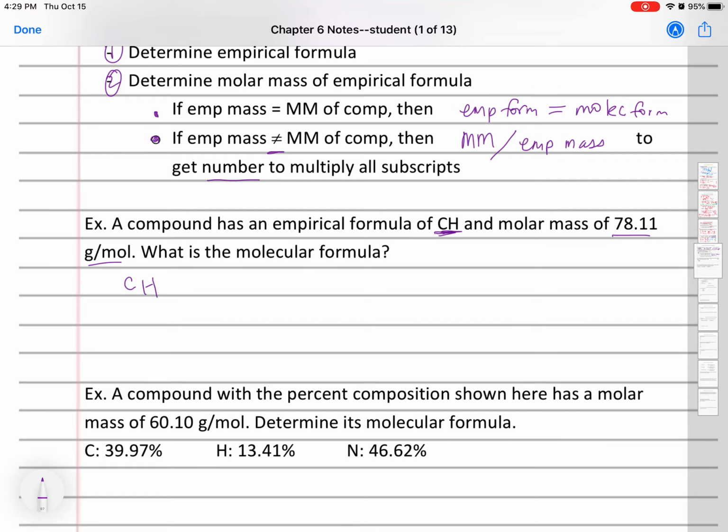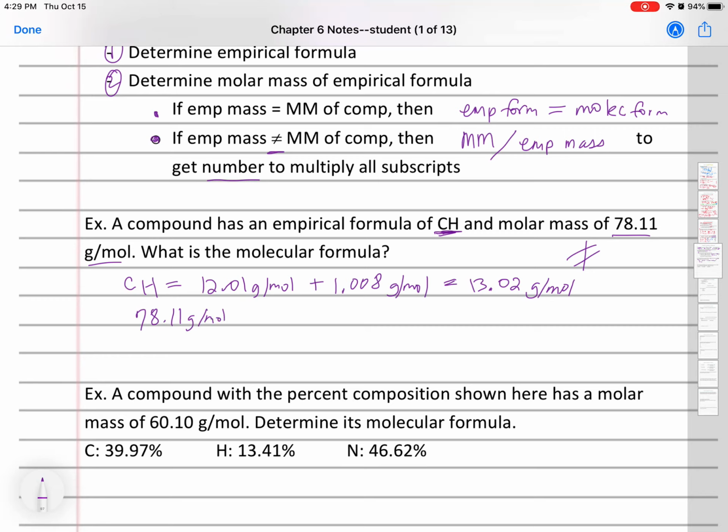So the molar mass of the empirical formula, CH, would be 12.01 grams per mole plus 1.008 grams per mole. So the empirical mass is 13.02 grams per mole. That is not equal to 78.11 grams per mole, so we need to do some division.